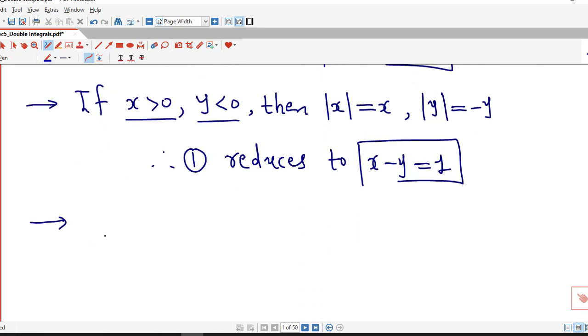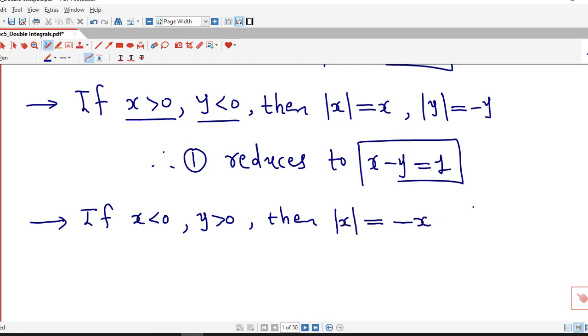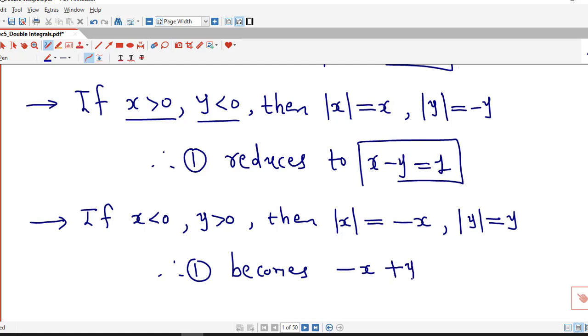So we have kept x as positive and considered two possibilities for y, positive and negative. Now we consider x negative and again two possibilities for y. If x is negative and y is positive, then the absolute value of x is minus x and the absolute value of y is y. So in this case equation 1 becomes minus x plus y equal to 1.